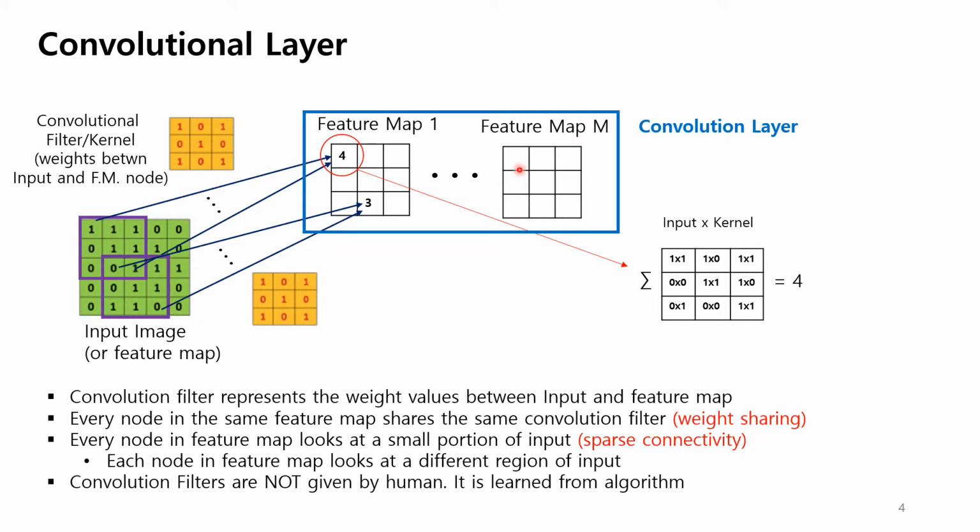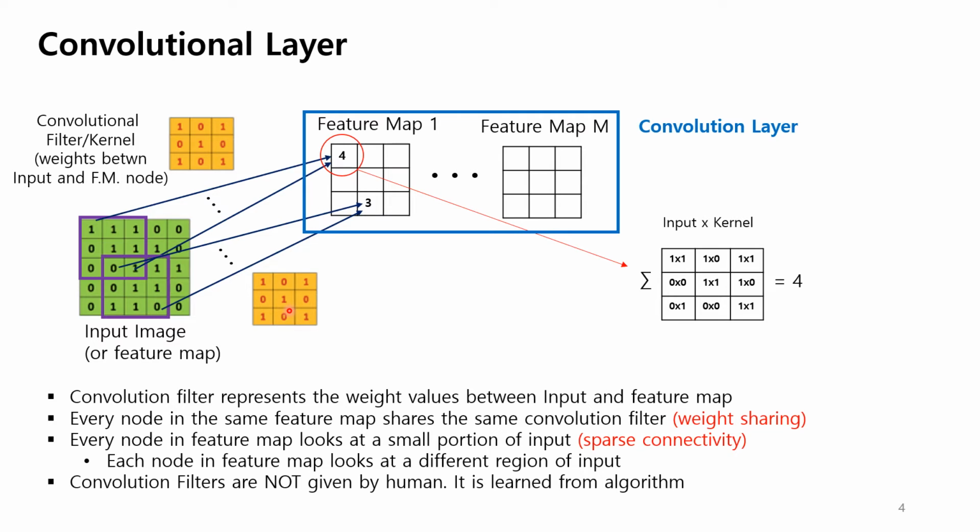And in a similar way, this node in feature map M looks at this small portion of the input image. Again, this node looks at this part of the input image, etc. So within the same map, each node shares the same weight values.